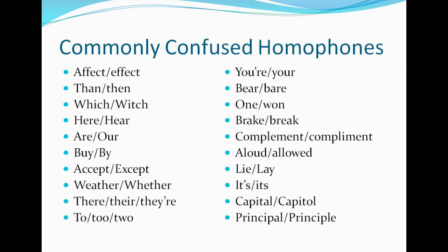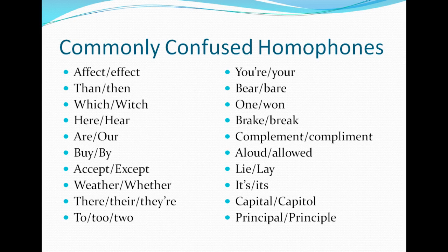Your most commonly confused homophones are affect and effect, than or then, which or witch, here or hear, our or are, by and buy, accept and except. You've had that one on a spelling test. Whether or weather, there, their, and they're.